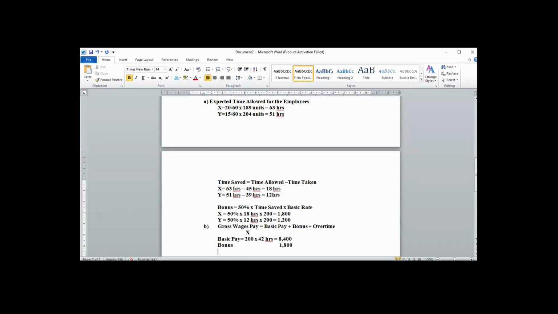What about overtime? What is the overtime of X? X is supposed to work 42 hours in a week, but the total hours worked is said to be how many? 45. So 3 hours excess. How do they make payment for overtime?